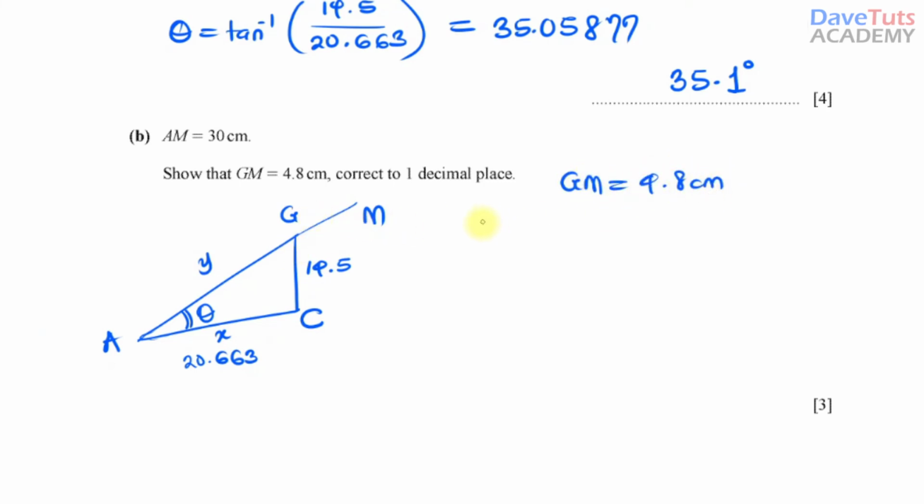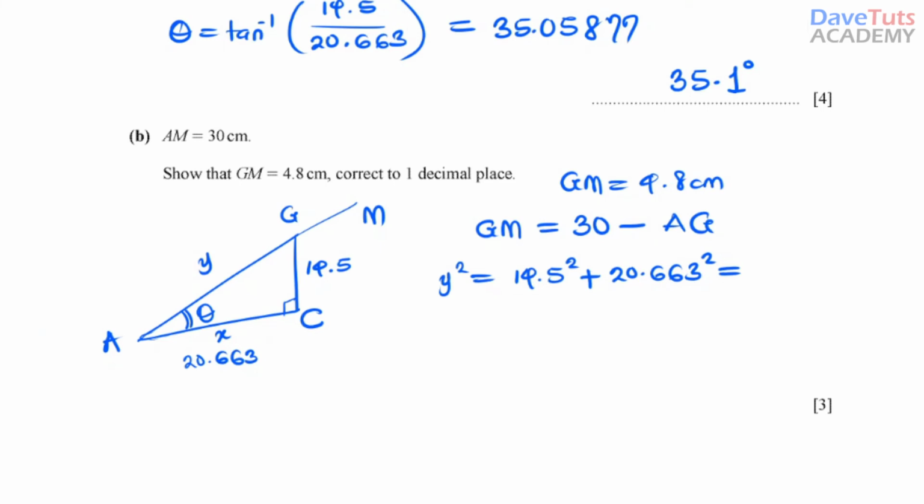We are saying that GM from this diagram is equal to AM, which is 30, minus AG. So let's find the value of AG from here, using trigonometry or Pythagoras theorem. Here we can just say AG, which is y: y squared is equal to 14.5 squared plus 20.663 squared.